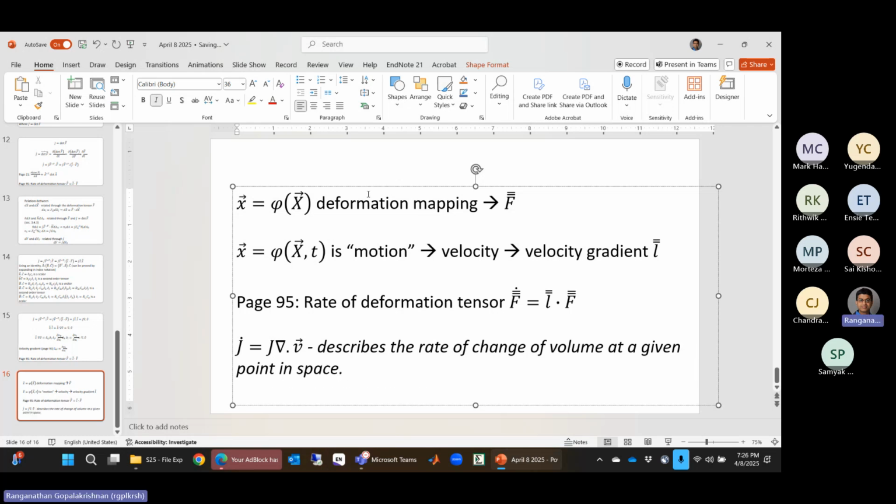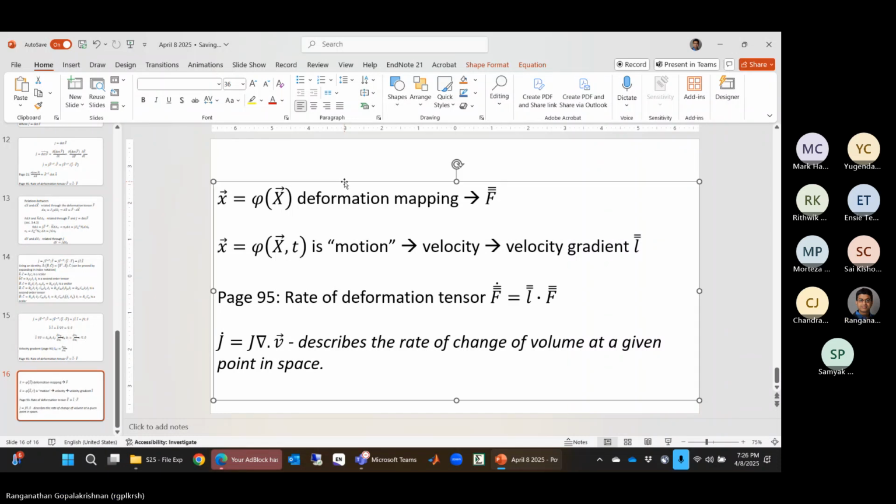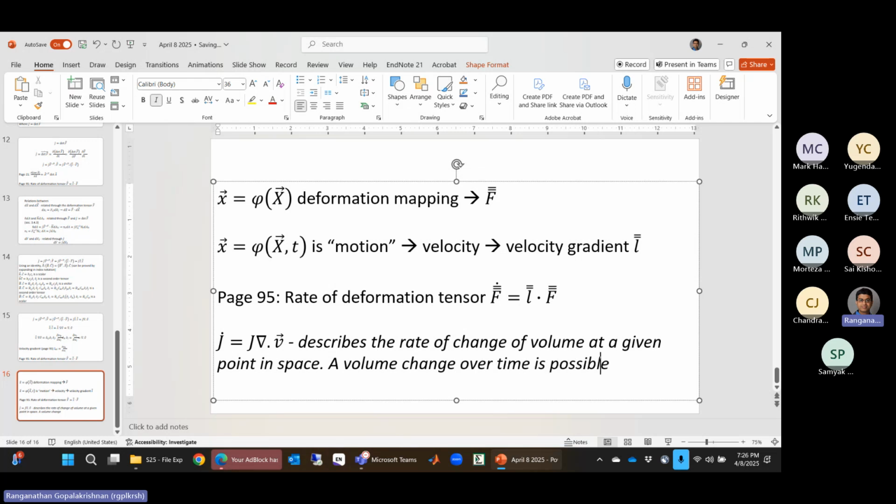A volume change over time is possible only if the divergence of velocity is non-zero. Number one.